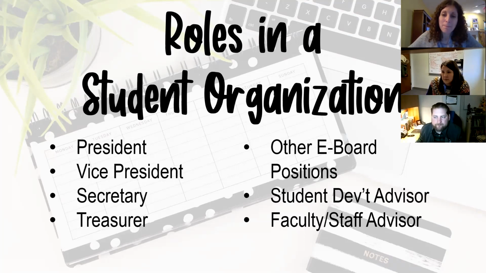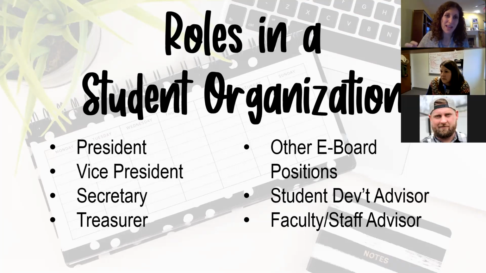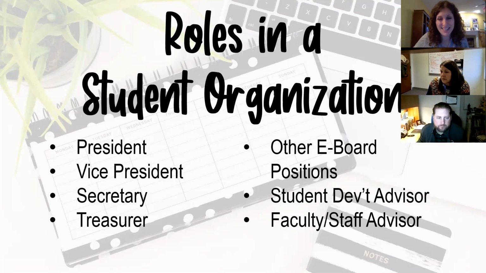Perfect. Your faculty staff advisor is somebody who your club selects. And again, that can also change from year to year depending on your club's needs and who is available to best support your organization. The student development advisor is sort of the expert in the logistics for event planning and helping you with your budget and making sure that all of the rules are followed and in place.